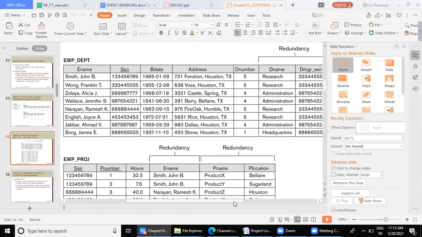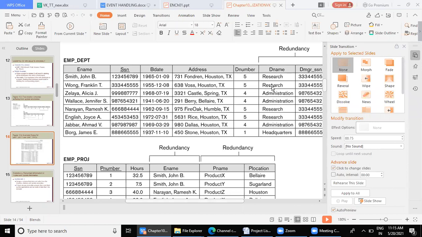Second problem: suppose tomorrow you decide that the research department should be removed, and you want to update that department with some other name, called the marketing department. In that case, if there are hundreds of employees working in the research department, you will have to make changes at all 100 places wherever you have written research.